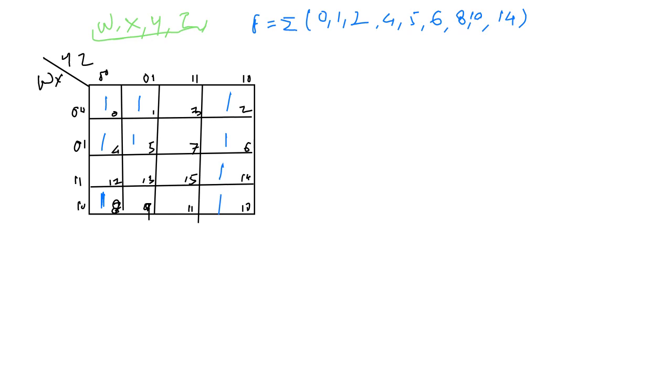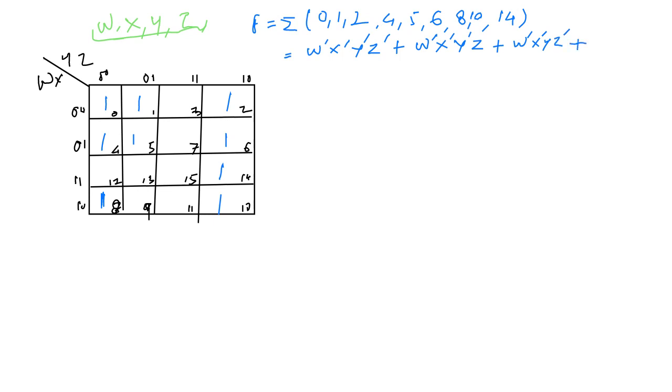Now, if you want to represent it as it is without simplification, you see how big the function will be. 0 means w dash x dash y dash z dash. Or 1 will be w dash x dash y dash z. 2 will be w dash x dash y z dash.